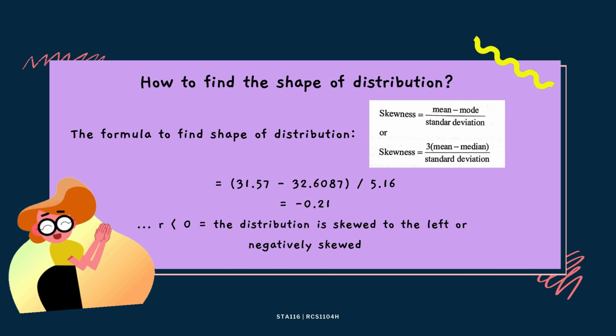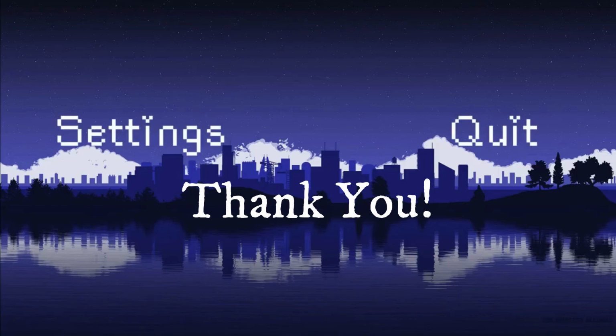The answer will be negative 0.21. The second one is to put 3 and multiply with the mean minus the median, divided by the standard deviation value, and the answer will be negative 0.1453. With that, the distribution is skewed to the left, or negatively skewed, because the answer is less than 0.